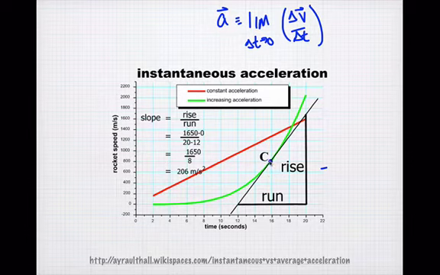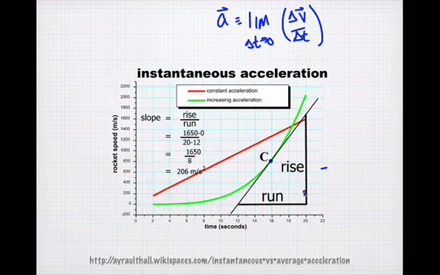so that we can talk about this point right here, this point in time, we'd have to be talking about a line tangent to that point, to decide the slope of the line tangent to that point at that time. So you literally draw a tangent line, and calculate the rise over the run, and that gives you the slope of the tangent line, which is your instantaneous acceleration.